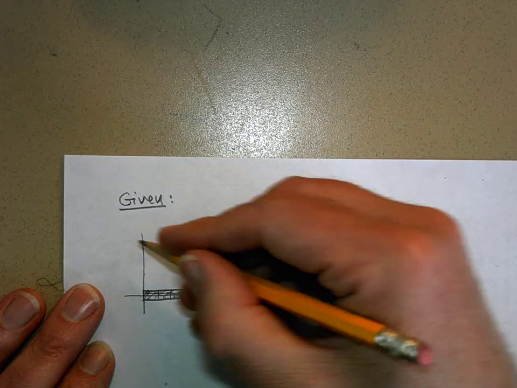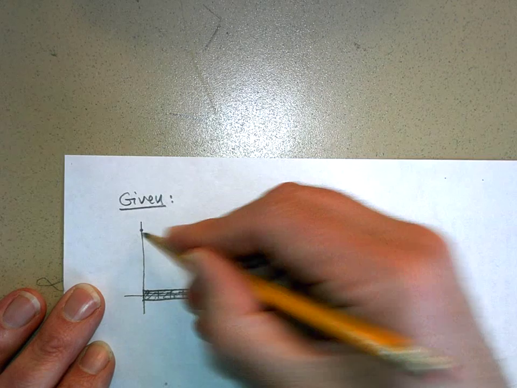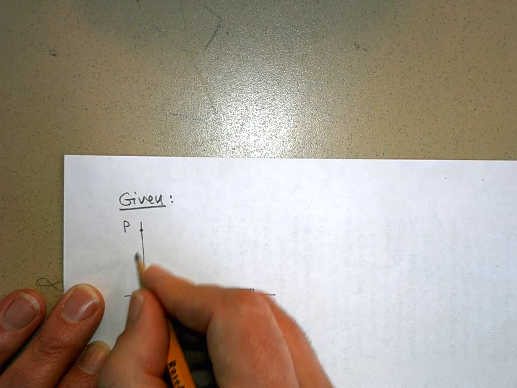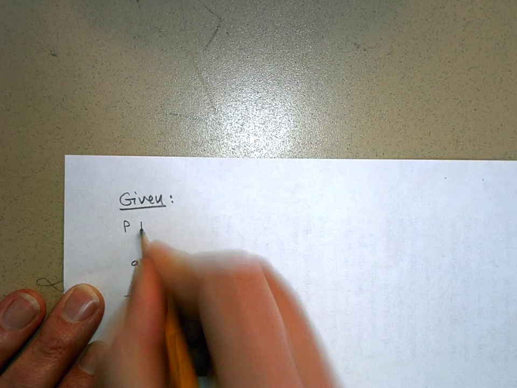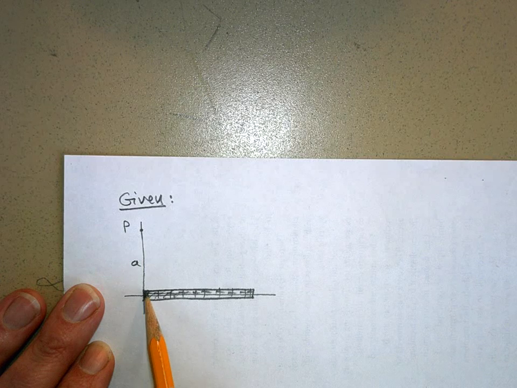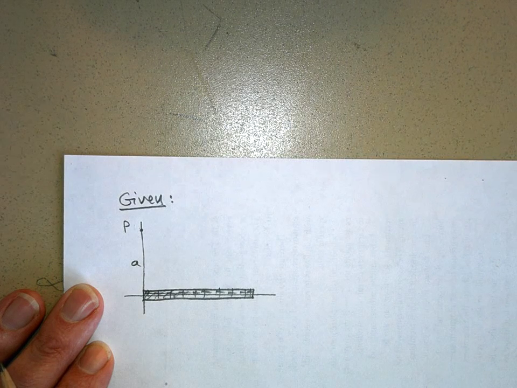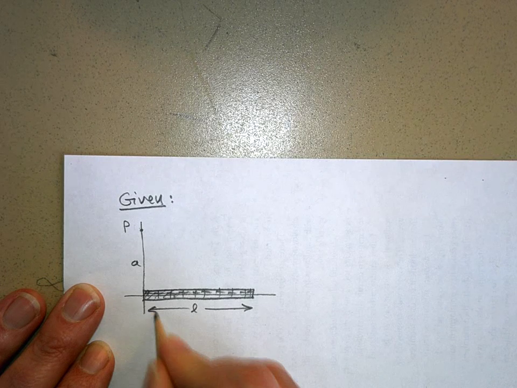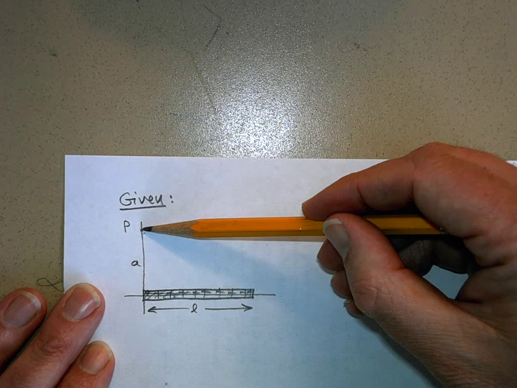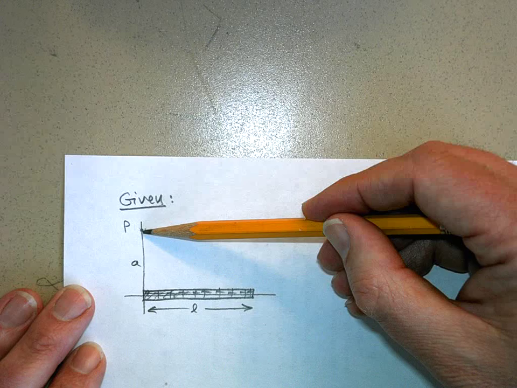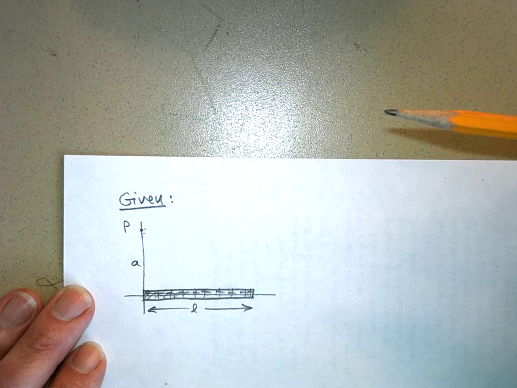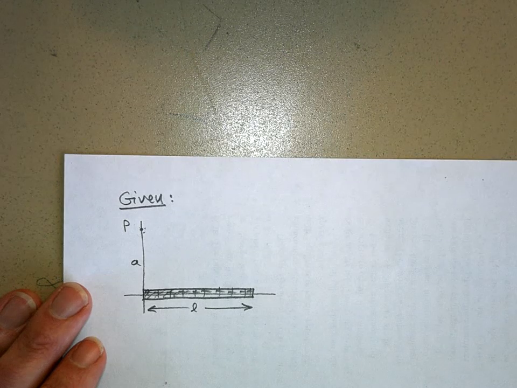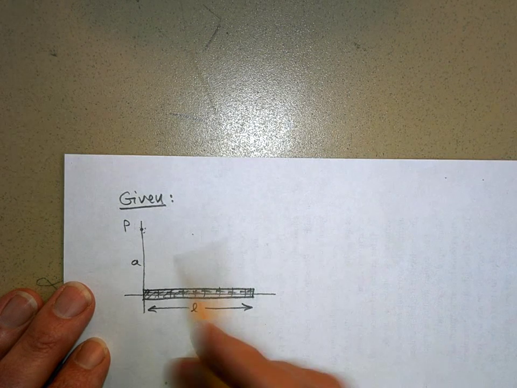And then up here, here's our point P, and we'll call this a distance a up the y-axis. And let's say that the stick has a length of L. What we want to know is, what's the voltage here? And it turns out it's doable. Yeah, we can do this.